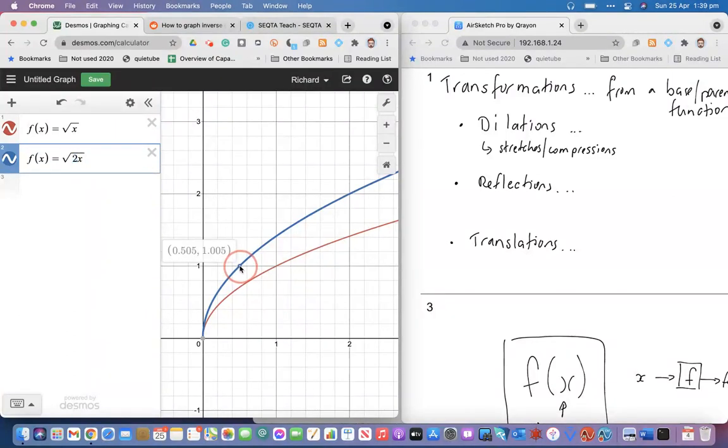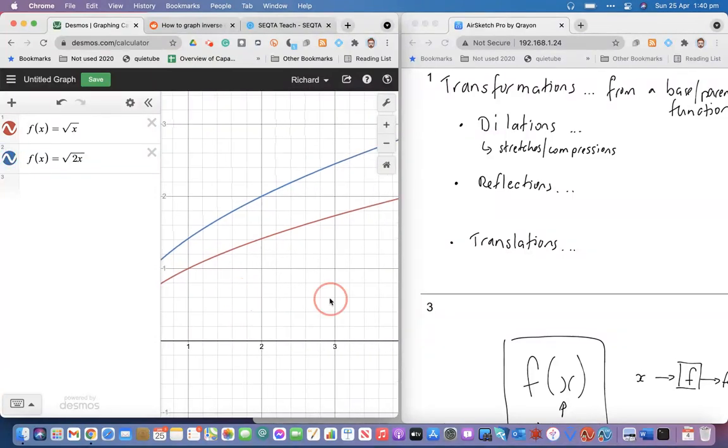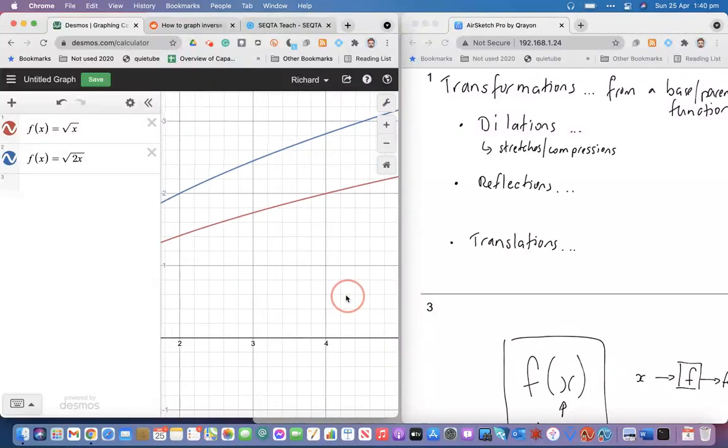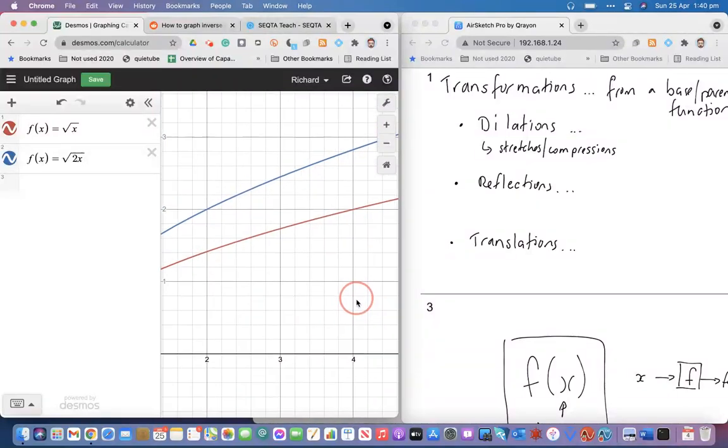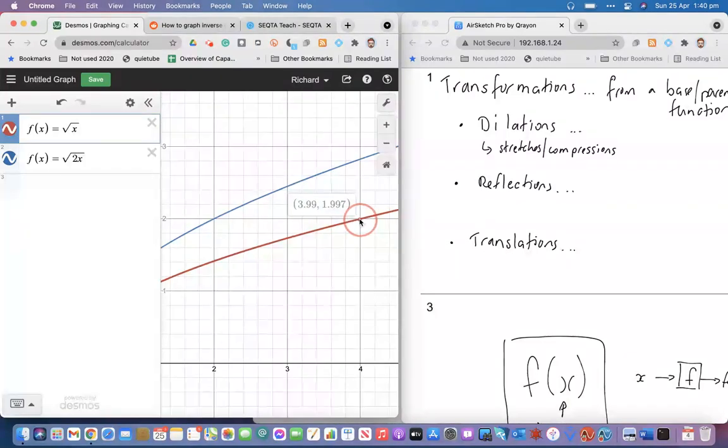Okay, so we would say that this function has been dilated towards the y-axis by a factor of a half, 0.5. Okay, and again, just to show you, the value of 4, which gave an output of 2, halved is now 2, to give you an output of 2. Okay, so the output hasn't changed. It's still 2 here and 2 here, but the input has been halved.